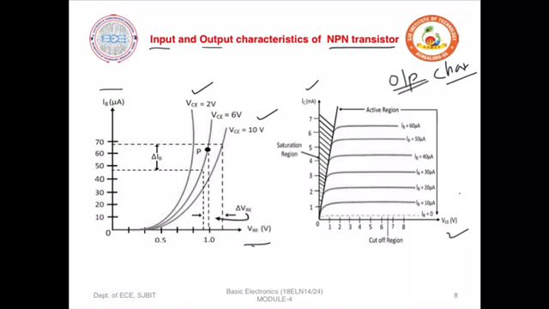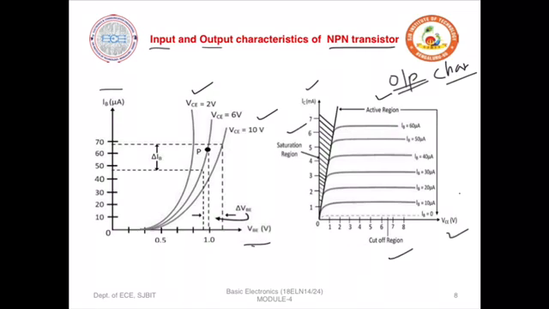For various values of IB, this output characteristic, which can also be called the collector characteristic, is plotted. There are regions of consideration in this diagram. Three regions I need to consider: one is the active region, one more is the saturation region, and the other one is the cutoff region.